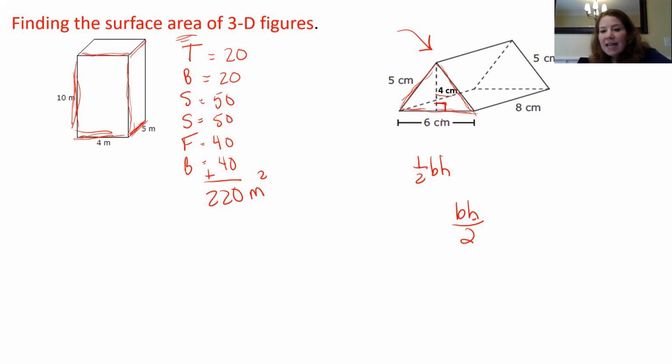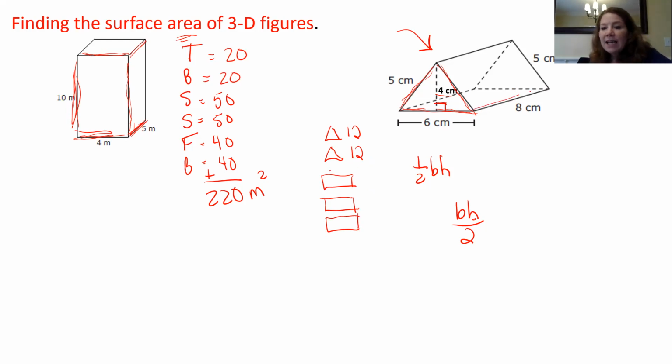So I'm going to do 6 times 4, which is 24, but then we have to half it, right? Because it's a triangle. So the 2 triangles are 12 each. So we have 2 bases, they're 12 each. And then we have 3 rectangular sides. Sometimes 2 of them are the same dimensions, and sometimes, well, I guess they always have to be. 2 of them have to be the same.